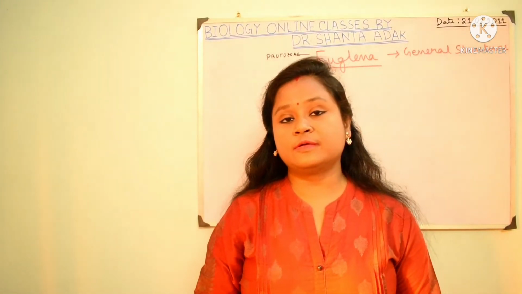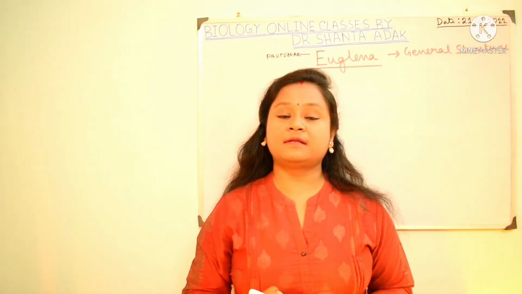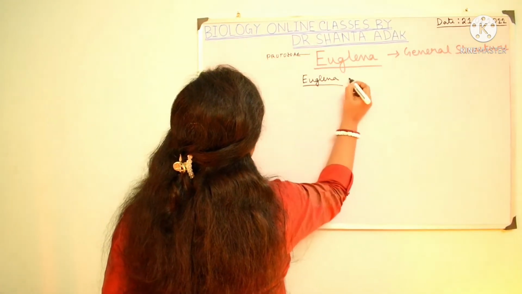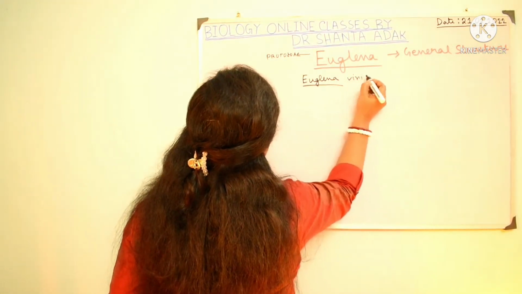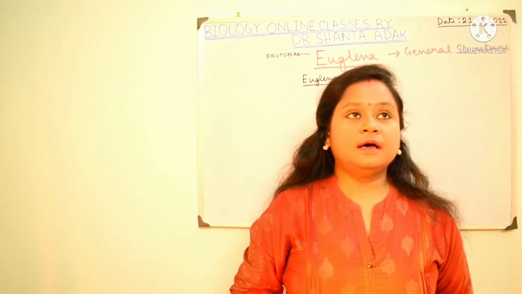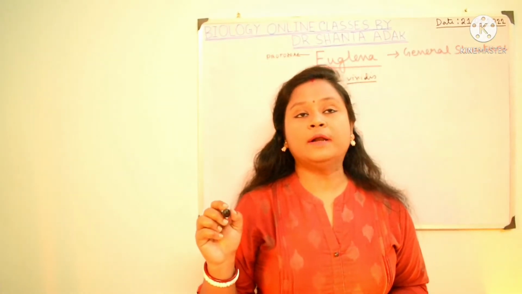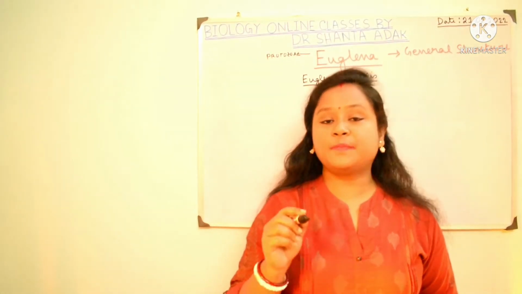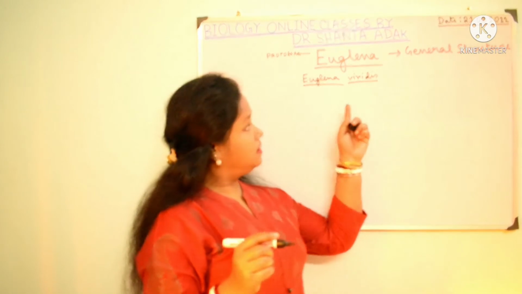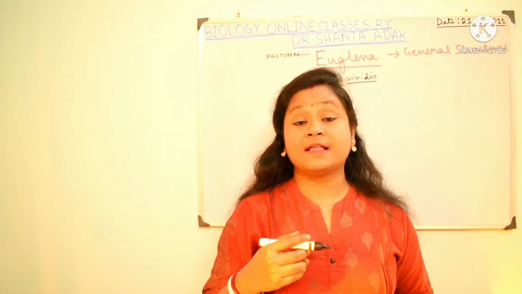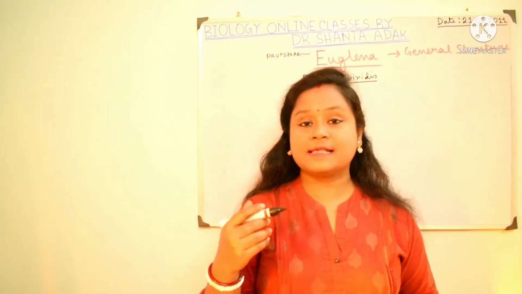Here we are going to discuss the external characters of Euglena viridis. There are more than 150 species of Euglena, of which Indian species are Euglena viridis, Euglena agilis, Euglena argentalis, Euglena gracilis.